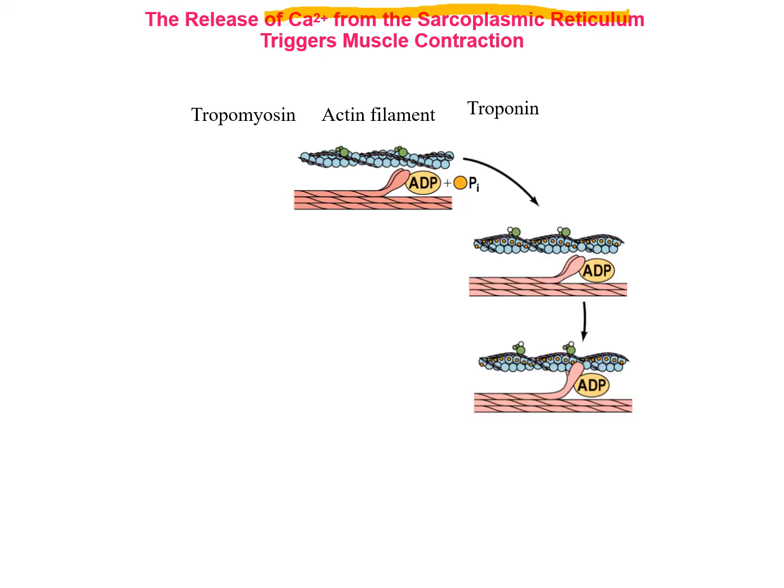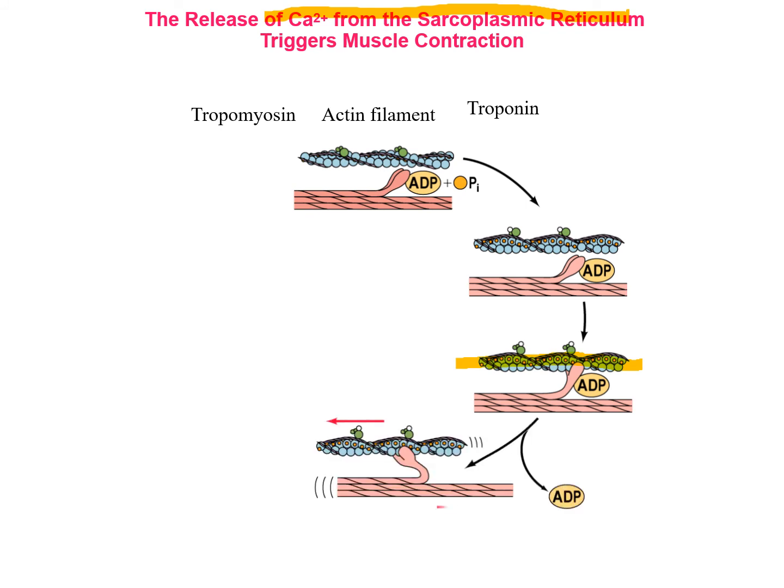So let's see what happens here. That white sphere, I guess, is the calcium, and you see along here the myosin binding sites being revealed, those yellow spheres, and now the myosin head can bind.